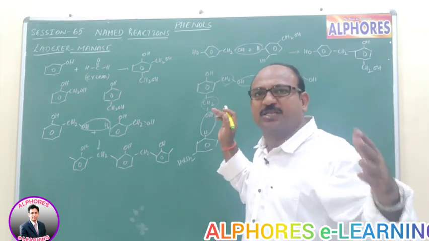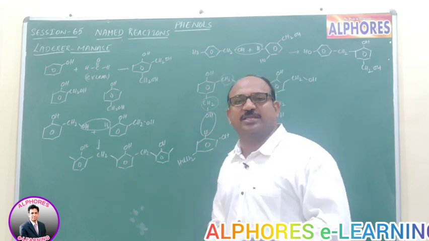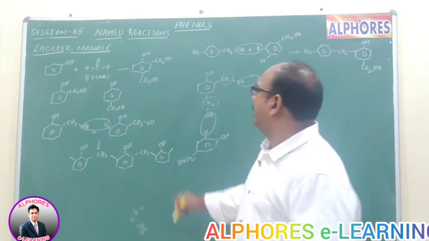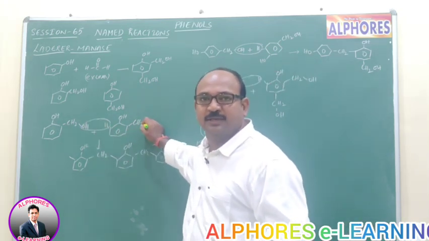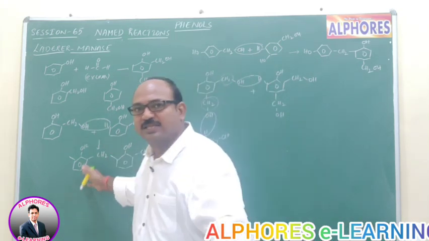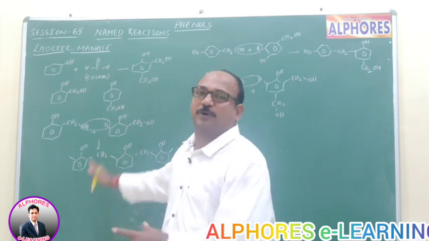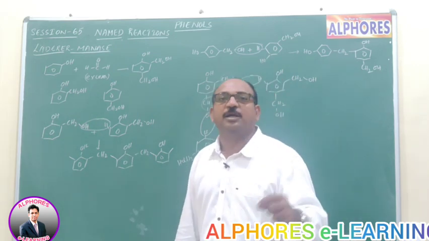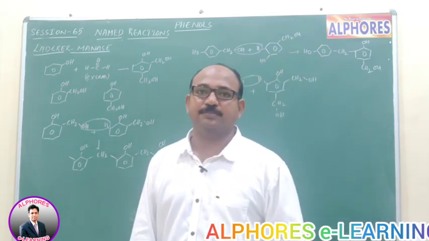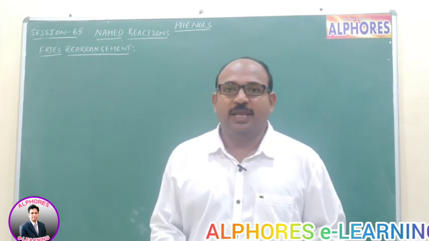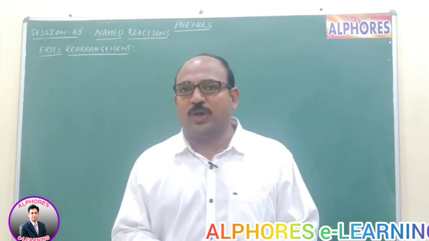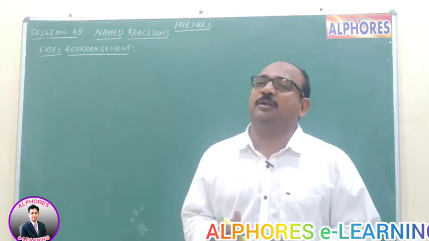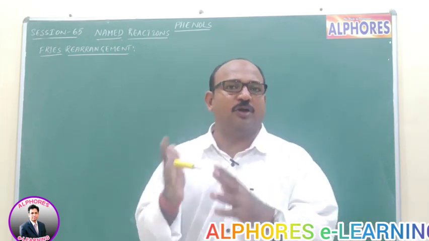Here in condensation you get a linear polymer like this, and along with this, cross links are also possible. Both are possible: linear and cross-linked polymers are called Novolac and Bakelite. Students, in the Lederer-Manasse reaction, you get linear or cross-linked condensation products depending upon the excess amount of phenol or excess amount of formaldehyde.